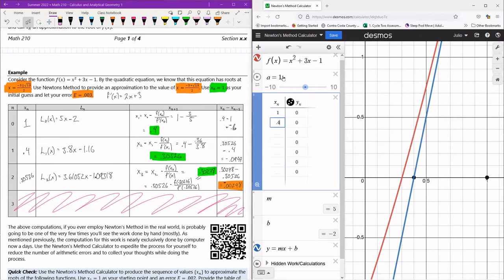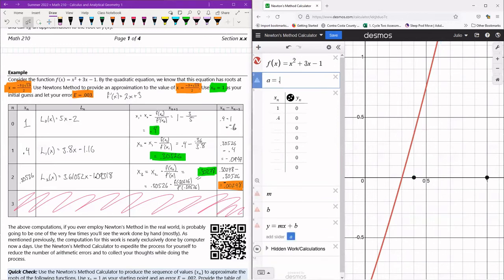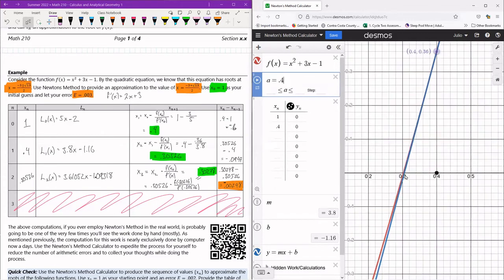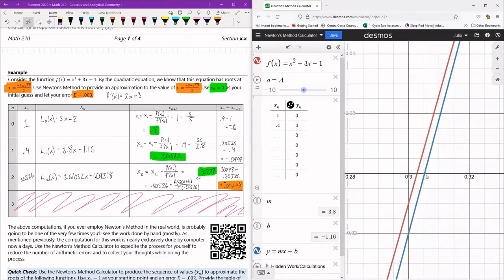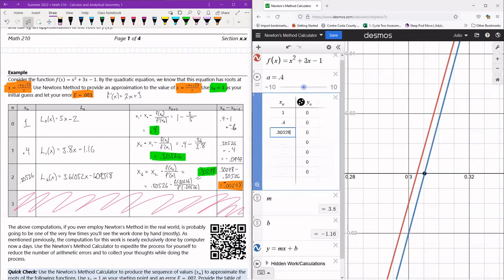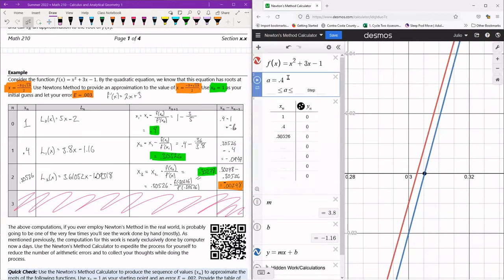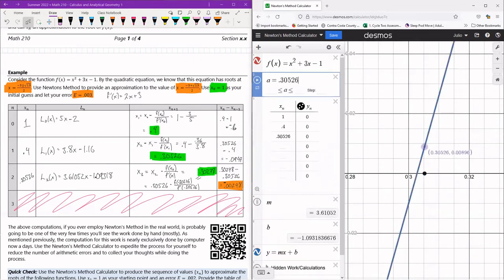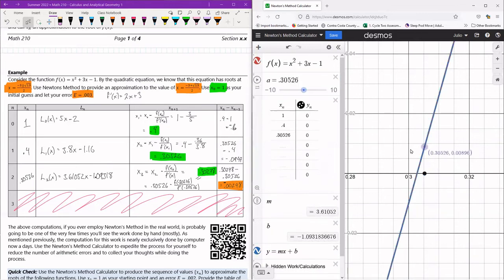Okay, I'm now going to change my A to 0.4. It's giving me the tangent line approximation there. So I need to zoom in close. My next point is 0.30526. I'm going to tally that. Okay, I now get to change this to that value, 0.30526. It gives me now, this new blue line is giving me the tangent line approximation.